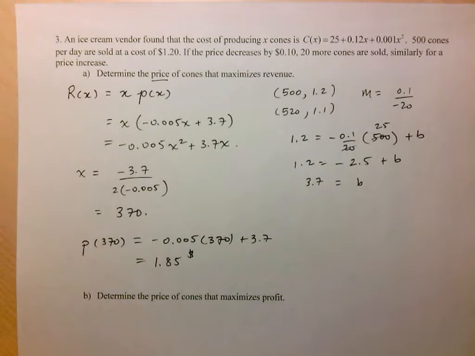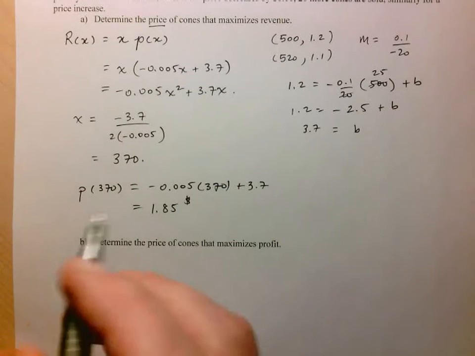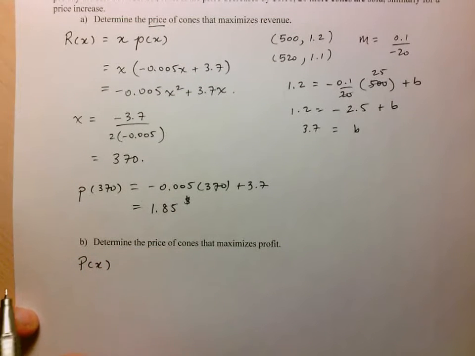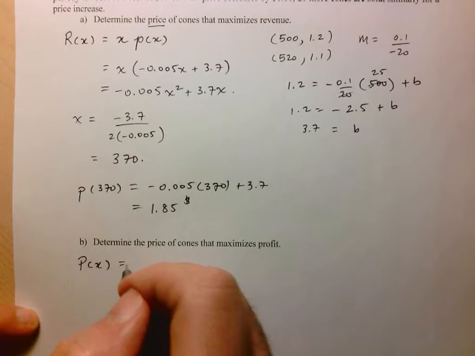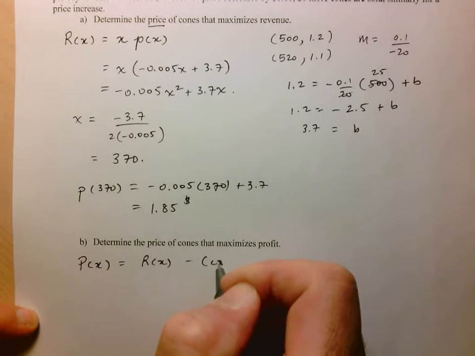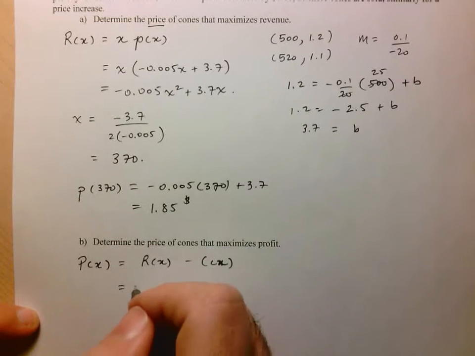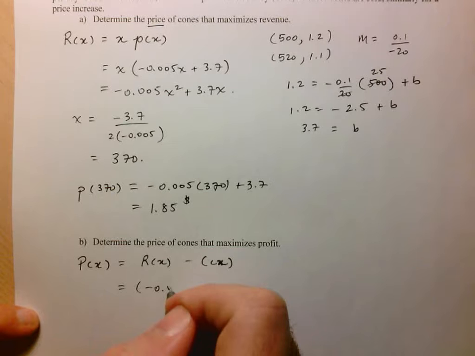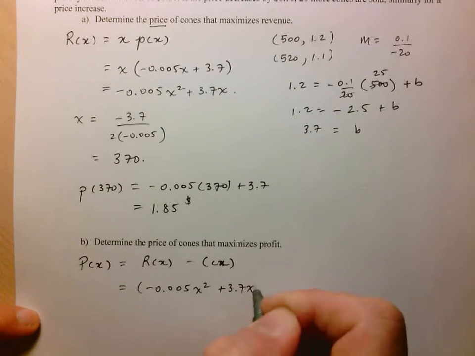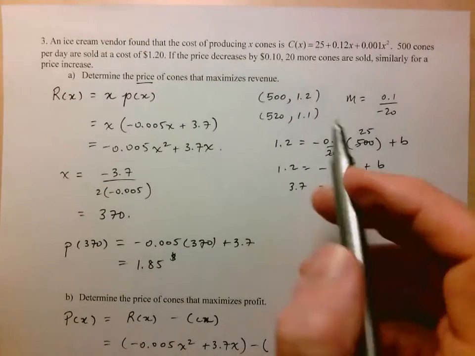Now let's do the second part, which is maximizing profit. Of course we know that profit, in this case we'll use x as the number of cones, is just given by the revenue minus the cost. We already found the revenue function, so that's negative 0.005x squared plus 3.7x, minus the cost function, which is the one that was given to us.